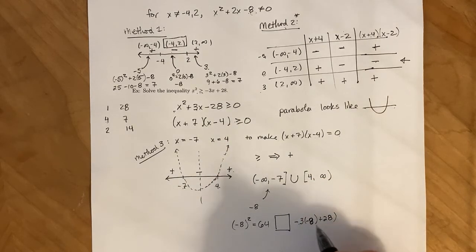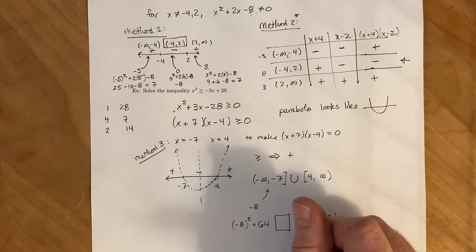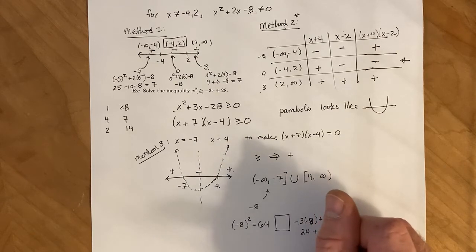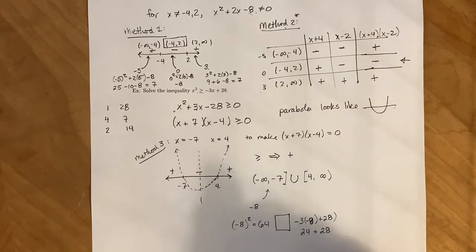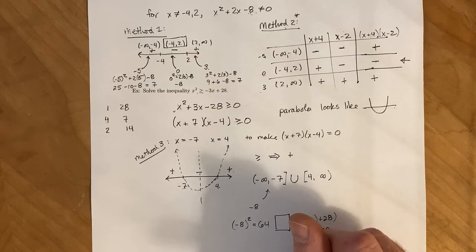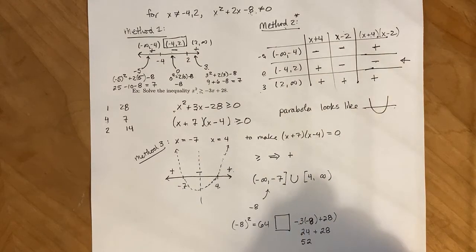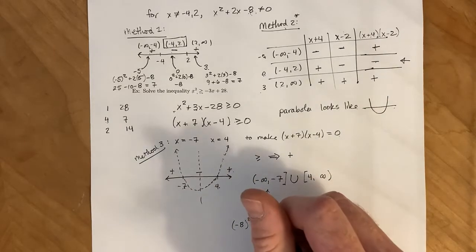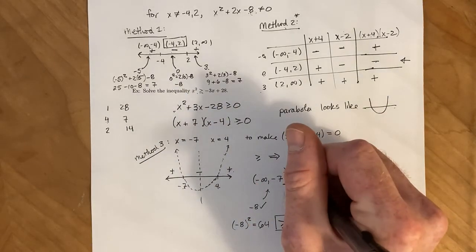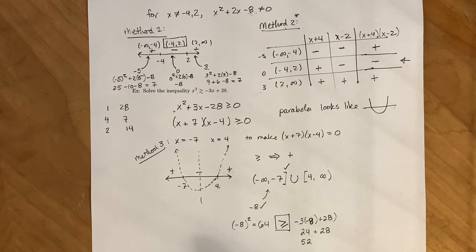All right, negative 3 times negative 8 gives us 24. 24 plus 28 is going to give us 52. Neat. So 64 is strictly greater than, and technically greater than or equal to 52. So this is a good value, which means that this is a good interval.